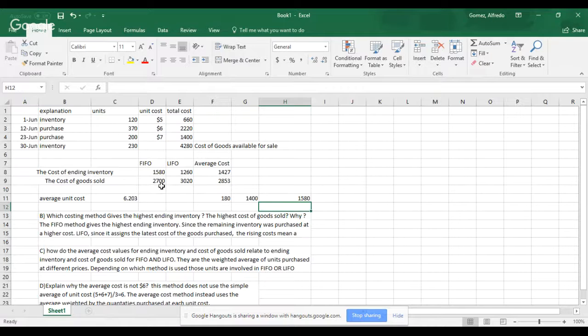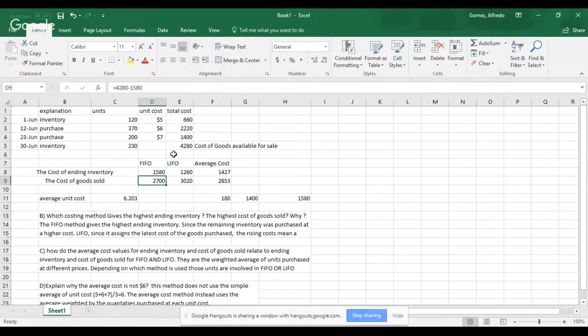For the cost of goods sold, we subtract our ending inventory cost from the cost of goods available for sale. That would be the total cost of the June 1st inventory, which is 660, plus the June 12th purchase, which is 2,220, plus the purchase made on June 23rd, which is 1,400, which gives us our cost of goods available for sale.